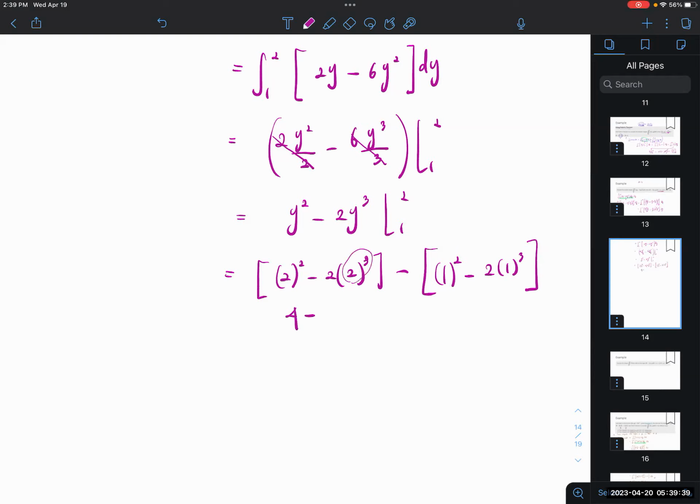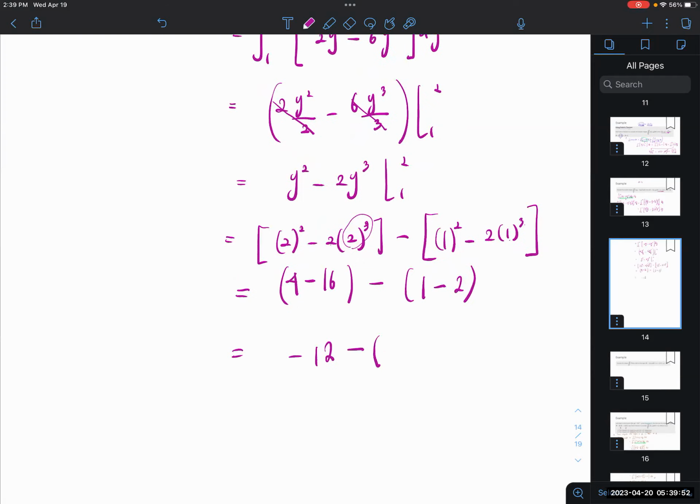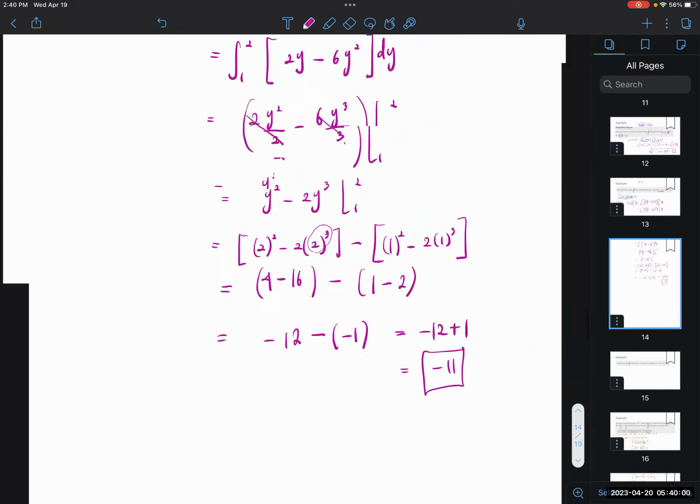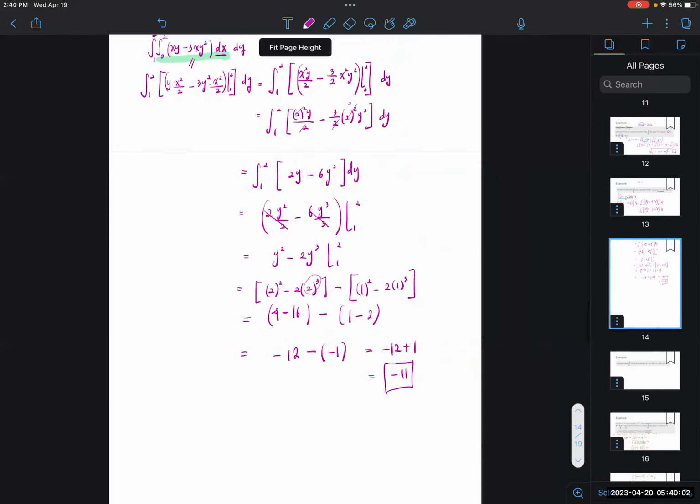This is 8 times 2, negative 16. Minus 1 minus 2 times 1 cubed, which is 1 minus 2. So we have negative 12 minus, we have a negative 1. Double negative, change it to positive, beautiful. So we have negative 11. So this is the answer.